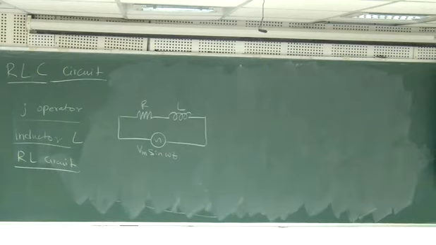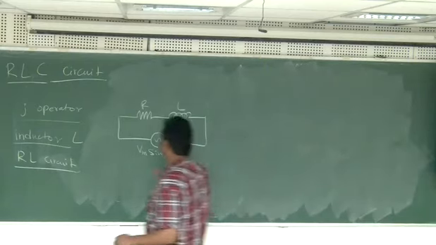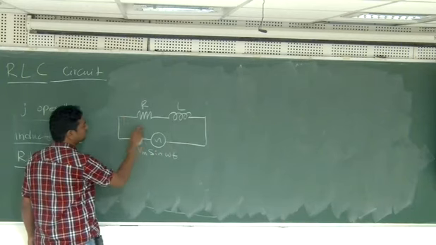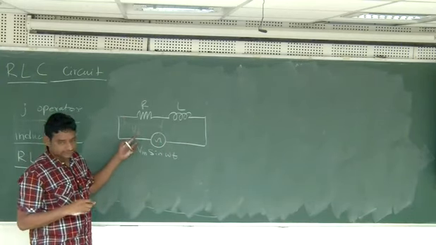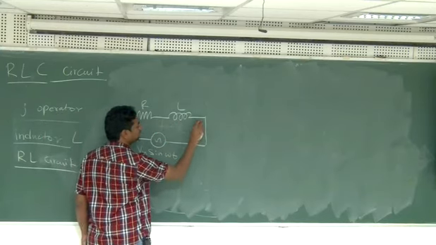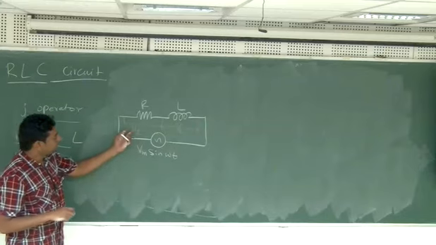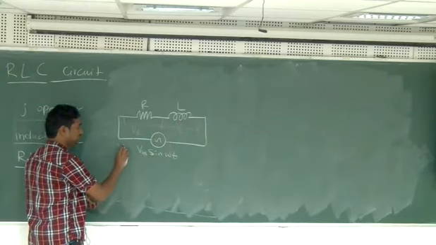So you can actually use Ohm's law. Let's denote this voltage as VR, voltage across resistance. This voltage let us denote as VL, voltage across inductance. VR plus VL will be nothing but VS, supply voltage.